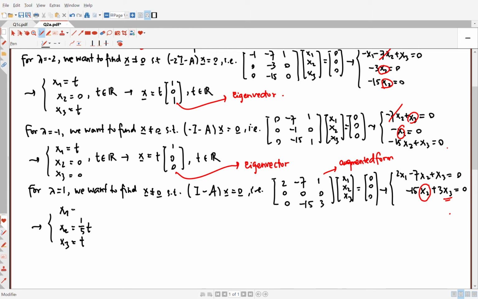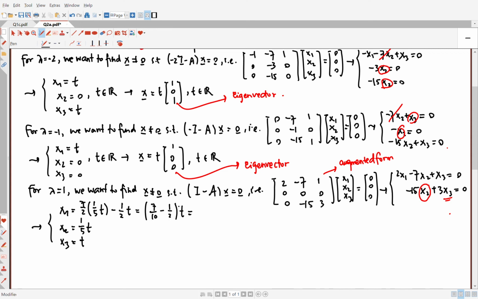How about x1? x1 is 7 over 2 of x2, which is 1 over 5t, minus half of x3, half of t. So this is 7 over 10 minus 1 over 2t.